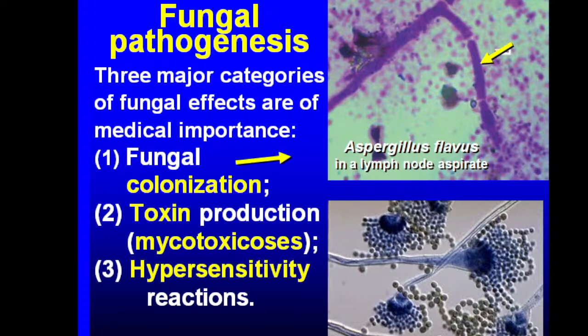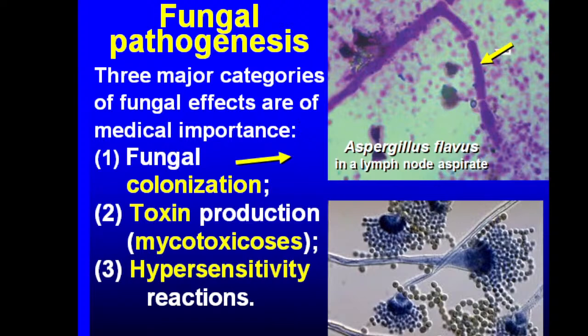We just underline the groups of pathogenic factors, or properties of these fungi, via which they may cause damage to the human body. And roughly we can categorize all those pathogenic factors into three groups.